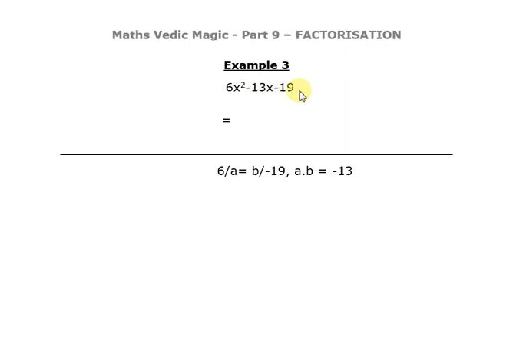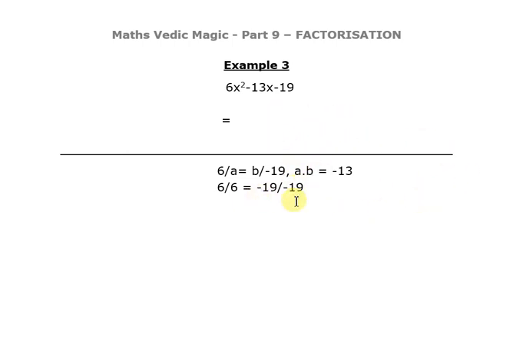So let's write it down this way. It would be 6 divided by 6 equals minus 19 divided by minus 19. Both these conditions are satisfied. So our first factor would be the ratio, so it would be x plus 1.